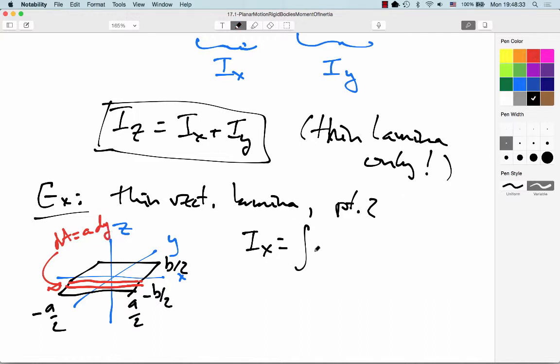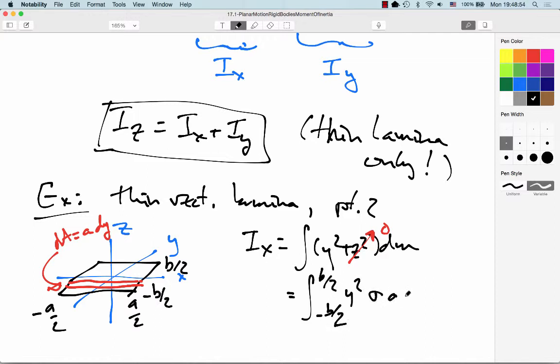So this will be the integral. So we'll have y squared plus z squared dm, right? But the z squared is going to be 0 since it's thin lamina. And we can express that. It'll be the integral from minus b over 2 to b over 2 of y squared times sigma a dy.